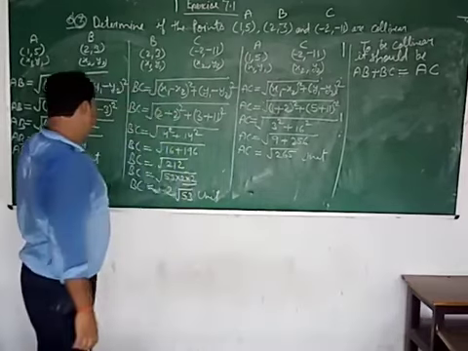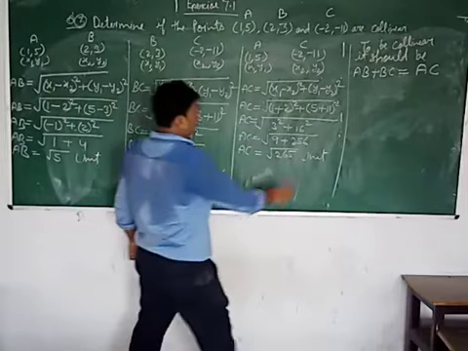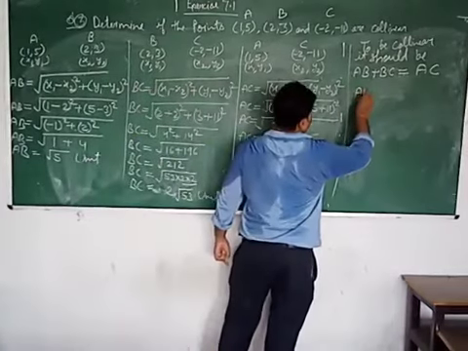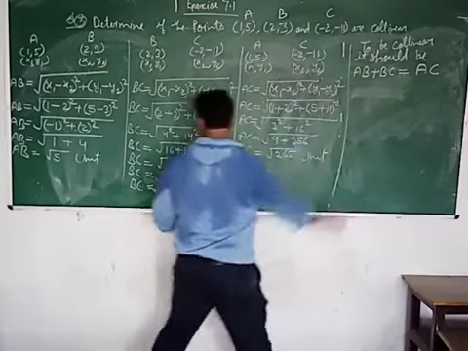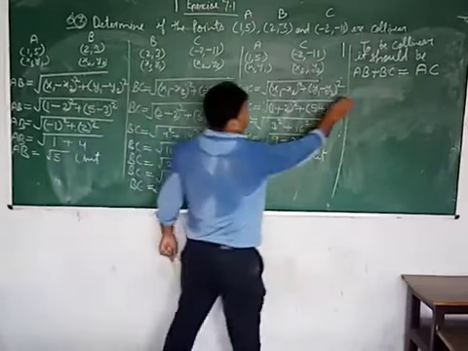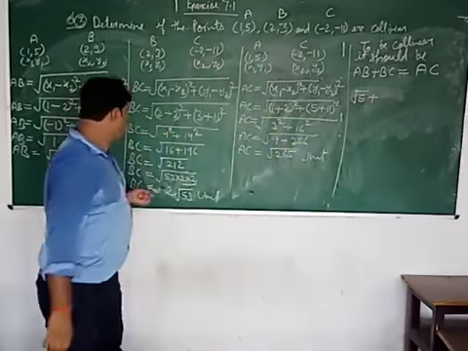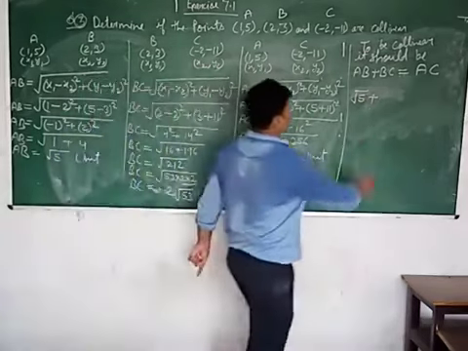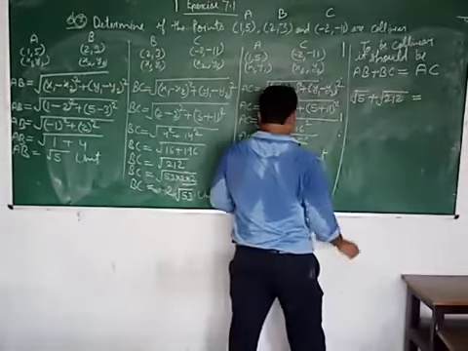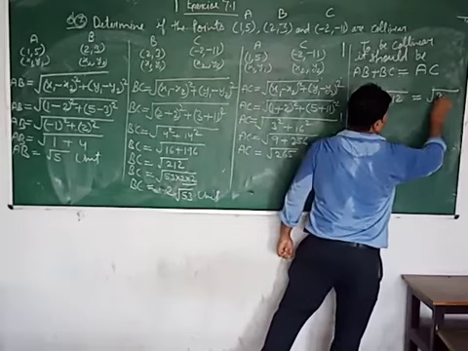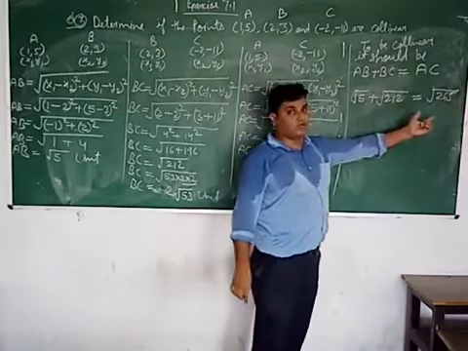If you add AB plus BC, what will you get? AB is root 5 plus BC is root 212, and AC is root 265. These are not equal; the sum of these two is not equal to this.